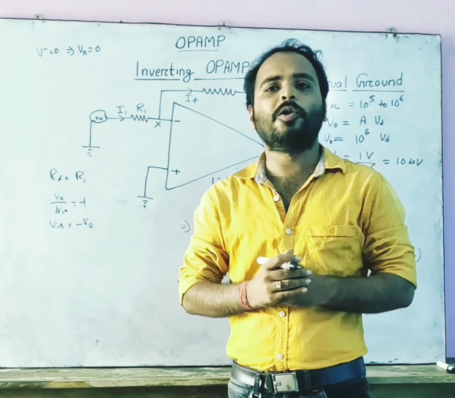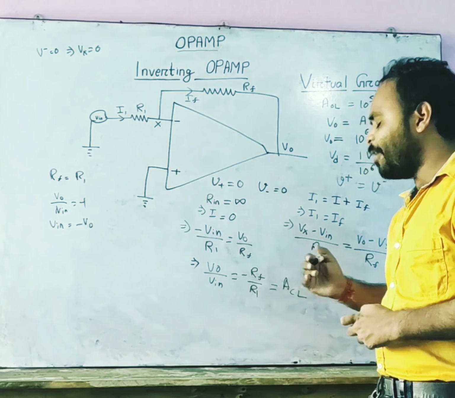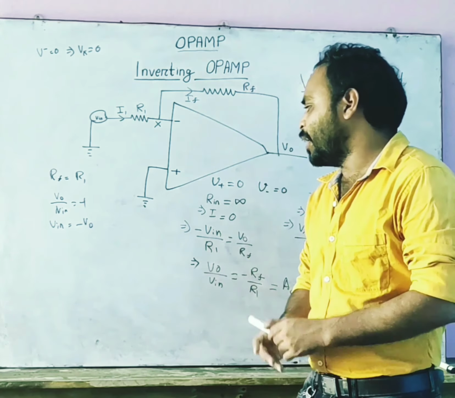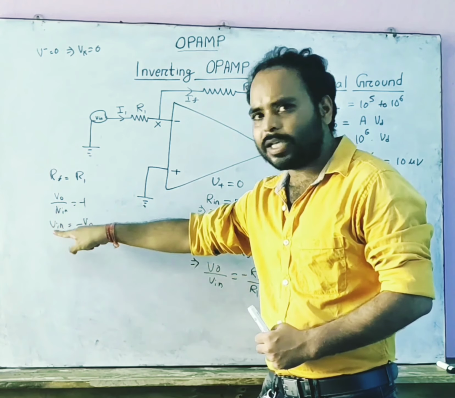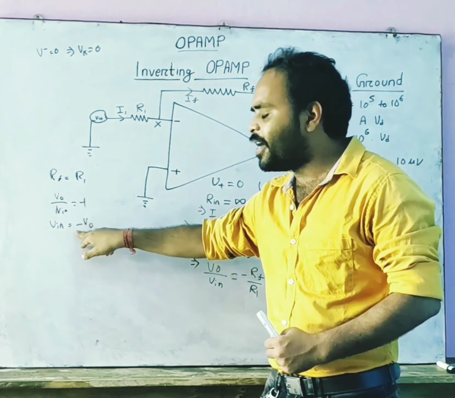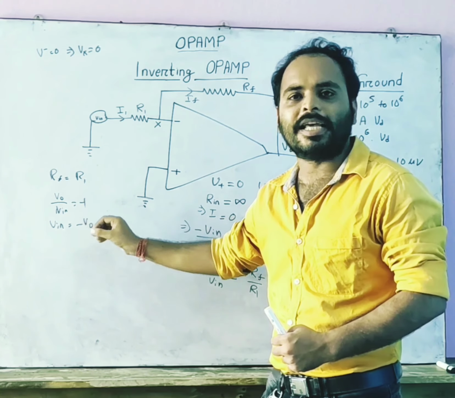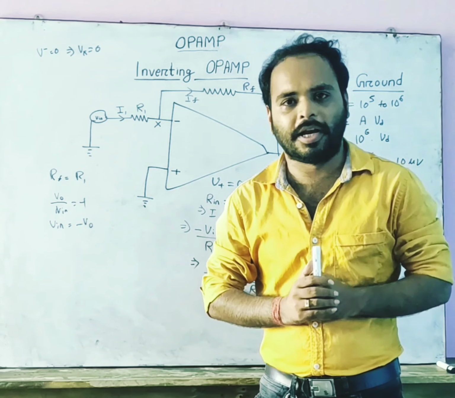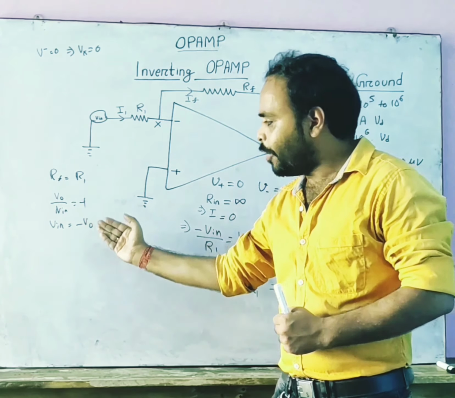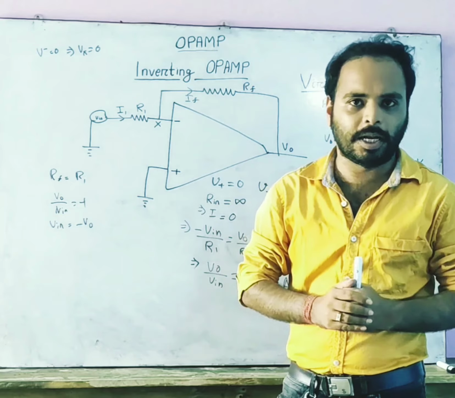From this we can conclude that if the values of RF and R1 are equal, then the output signal will have the same magnitude as the input signal, but it is provided with a negative sign, which indicates that the phase of the signal is inverted. That is, 180 degree phase shift with the input signal.